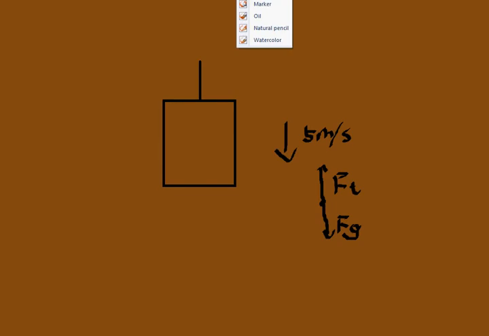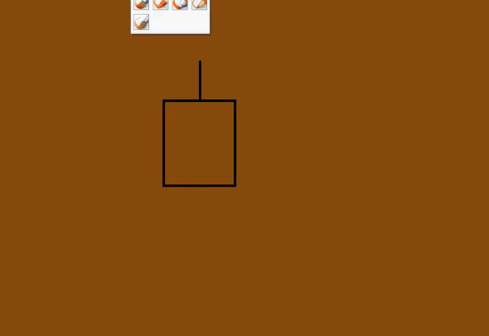So let's say in another case, the elevator is accelerating downwards at 5 meters per second squared. Since it's accelerating down, the downward force has to be bigger than the upward force.